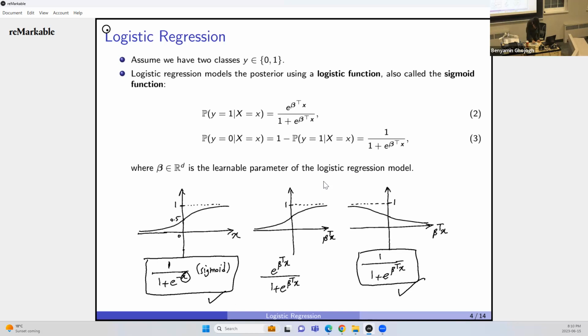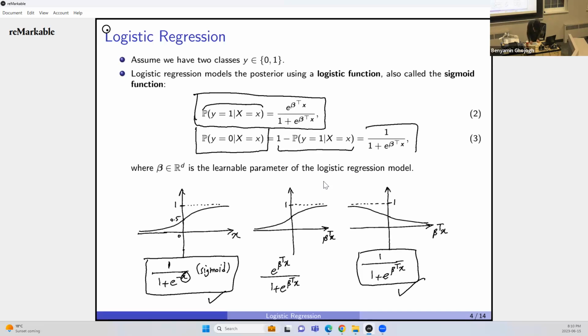Okay. So I say the probability of y given x. What is the probability that it belongs to class 1? It's this. Therefore, the probability of belonging to class 0 is 1 minus the other probability, which is this. Okay, plot it here.